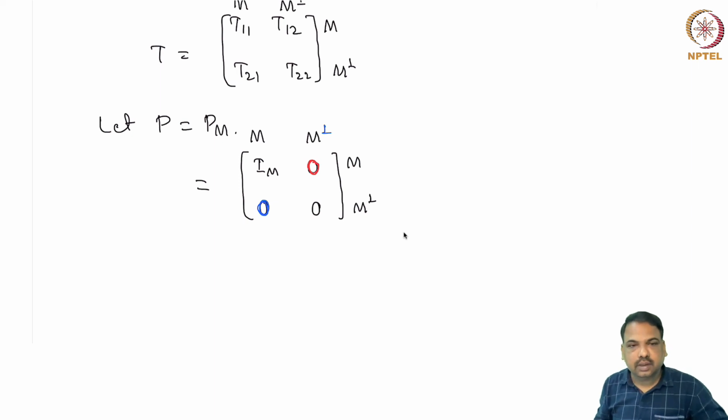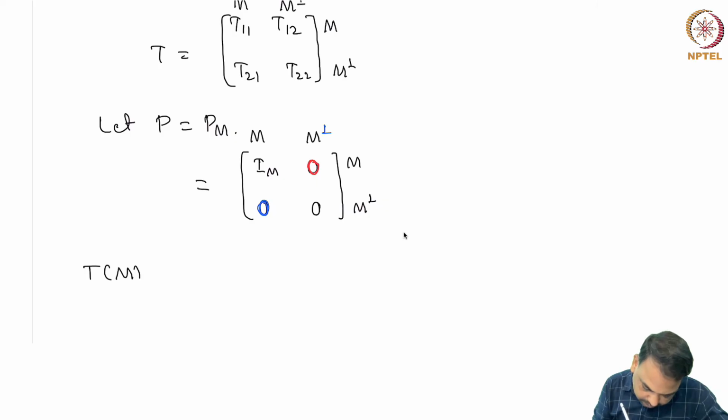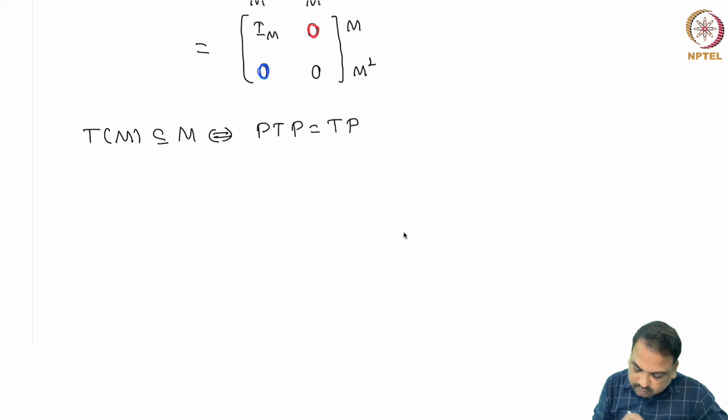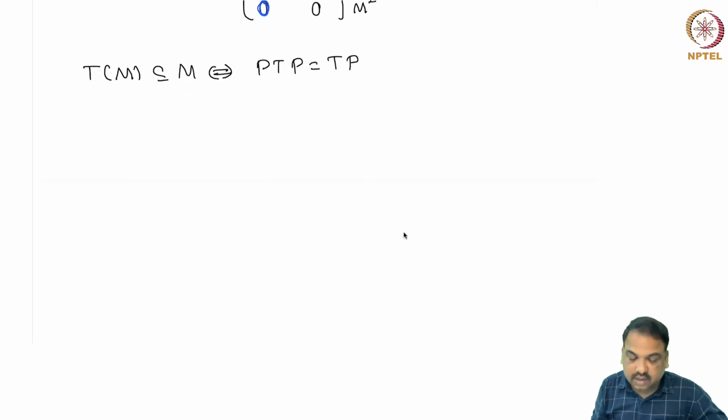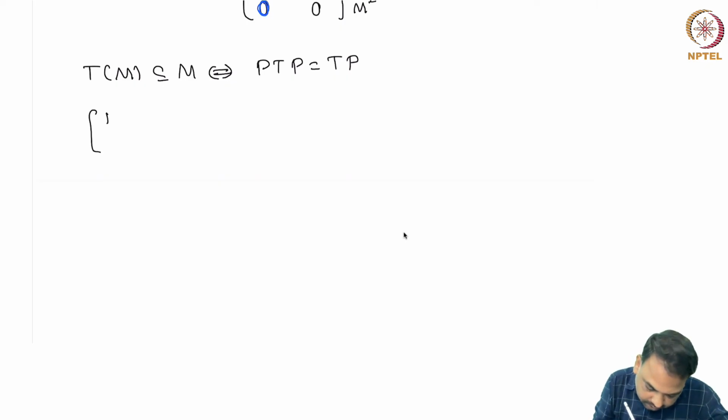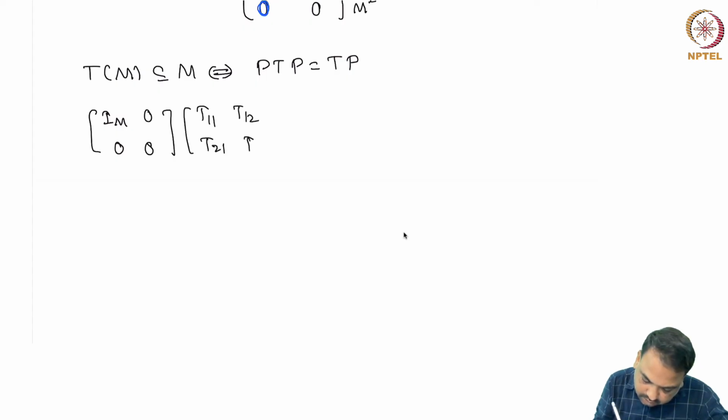Okay. Now we know that M is invariant under T if and only if PTP equals TP. So if you look at this 2 by 2 operator matrix and compute PTP and TP and equate, we will get: 0, 0, 0, T11, T12, T21, T22 into IM, 0, 0, 0.